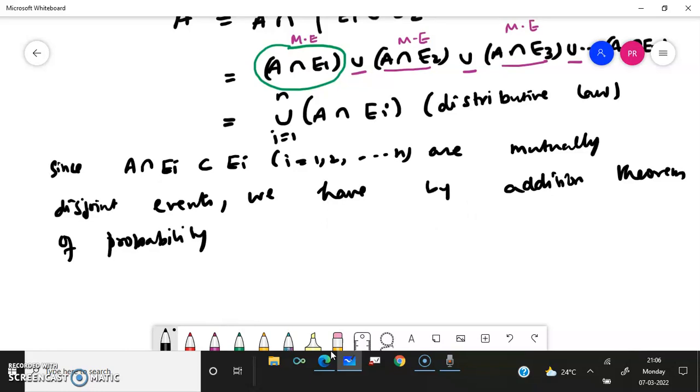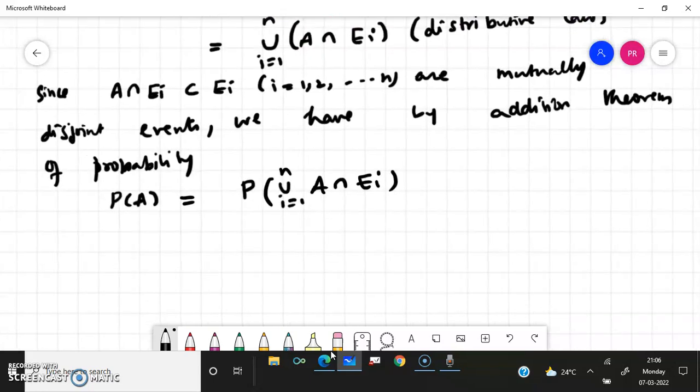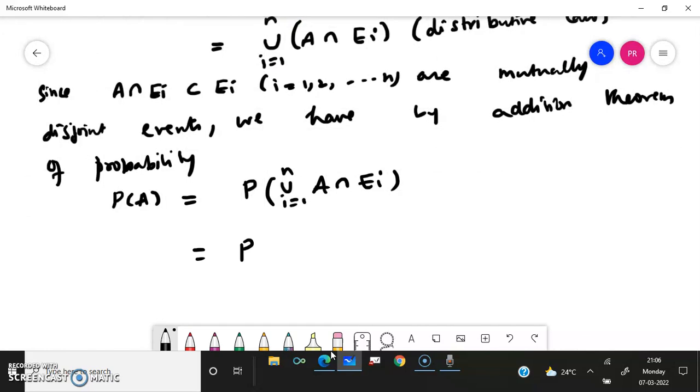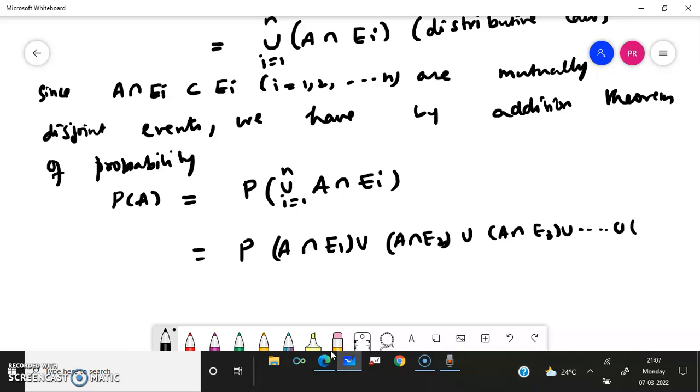We have the addition law of probability. What is P of A? P of A is nothing but the probability of the union, i equal to 1 to n, of A intersection Ei. This can be written as the probability of A intersection E1 union A intersection E2 union A intersection E3, and so on, union A intersection En.